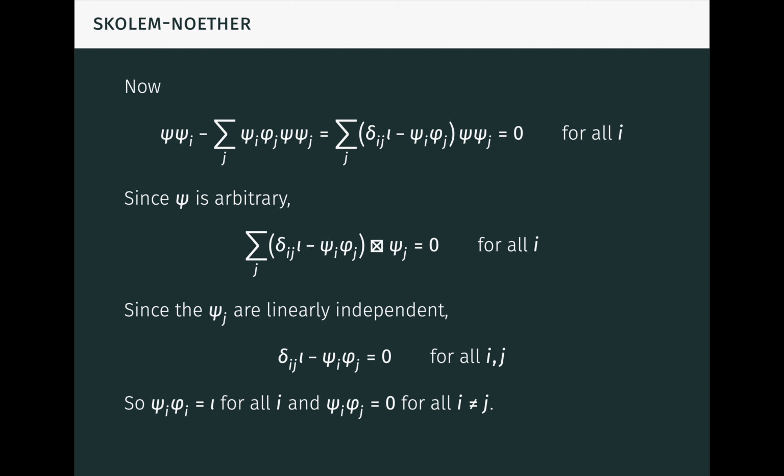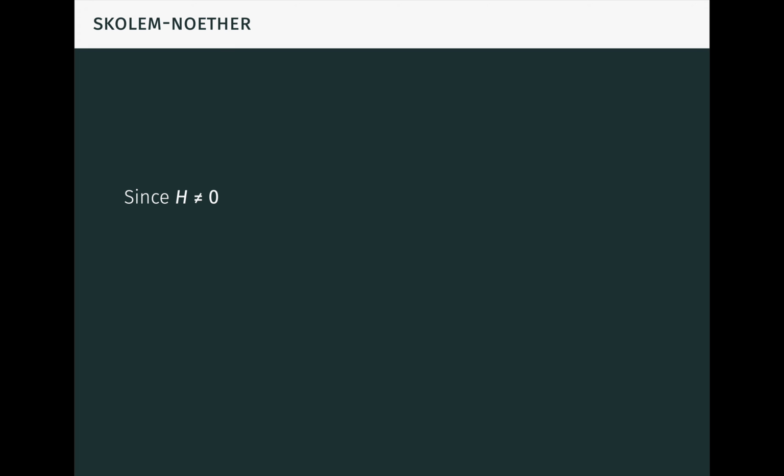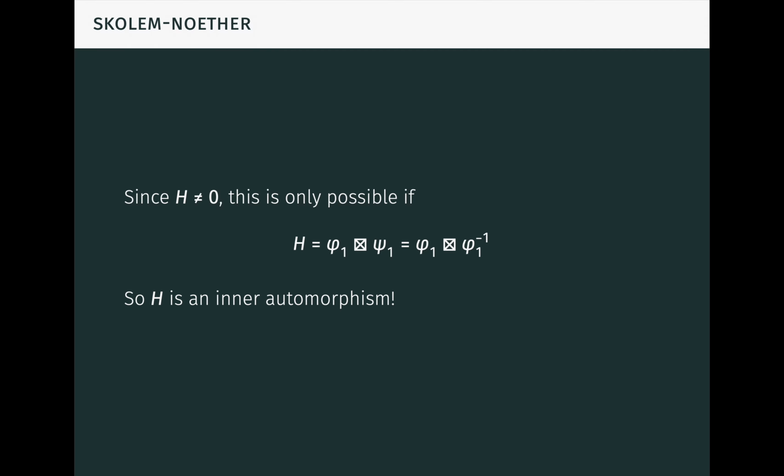Well, remember that i and j range over the number of terms in the tensor representation of H. Since H is non-zero by assumption, the algebra A and the vector space V must be non-zero, so the zero transformation of V is not invertible. This is only possible if H has only one term in its tensor representation, and i and j are always equal to 1. And since psi 1 is the inverse of phi 1, H is just phi 1 tensor phi 1 inverse. So H is an inner automorphism, which is exactly what we wanted to prove.